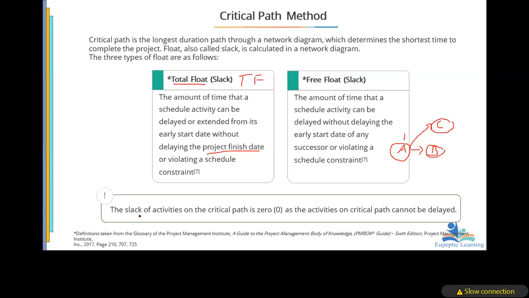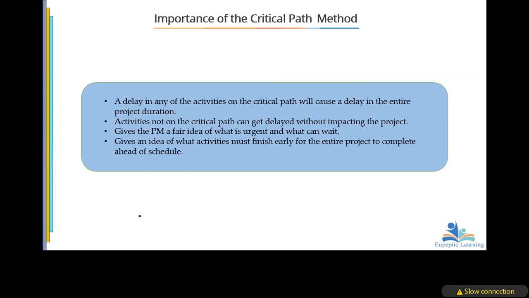Anytime you do your critical path analysis and you are getting a float on the critical path, there's something wrong with your analysis. Why is the critical path method good? We know that when we delay any of the activities on the critical path, it will affect the entire project. So once you know that an activity is on the critical path, you know how to manage it.